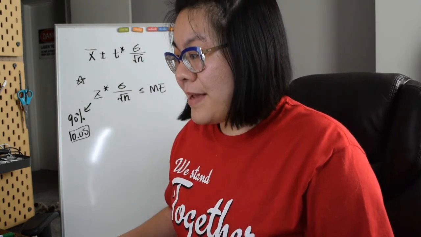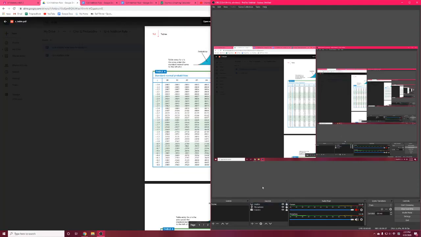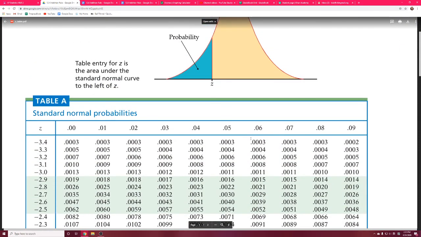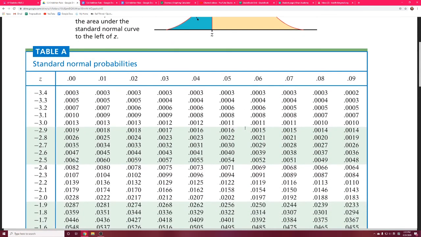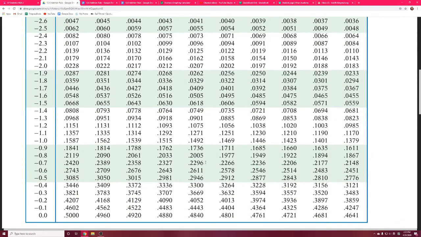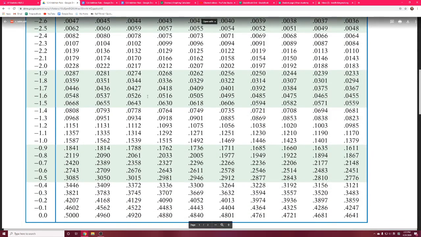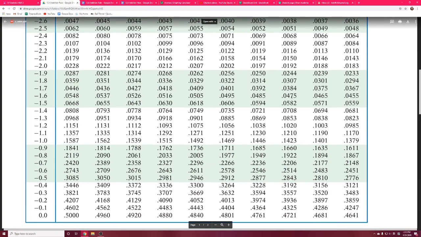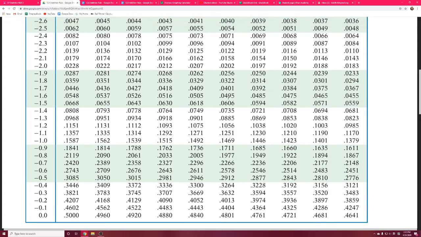Okay, so let me give you my screen, and we look at this together. Oh cool. This is the standard normal table, Z table, and we want to find 0.05. So let's find it. 0.05. Did you see it? Or I must be blind. Okay, it's over here.